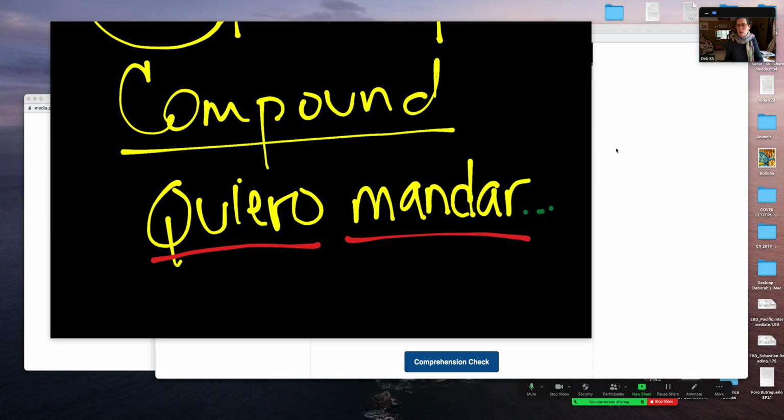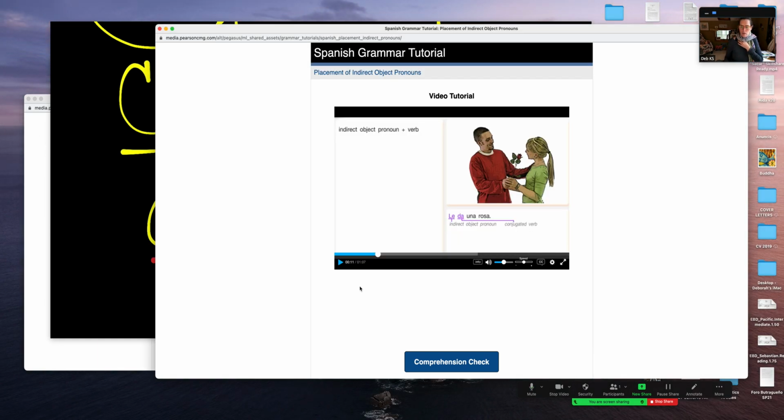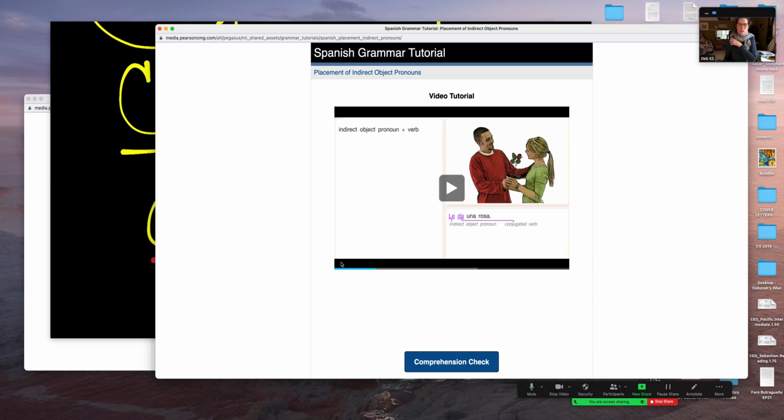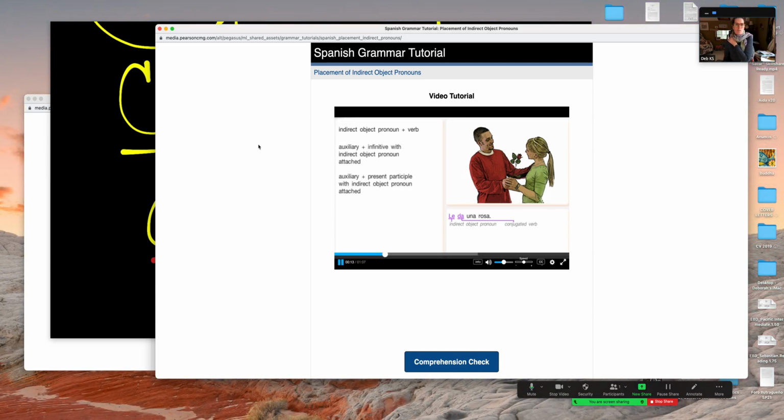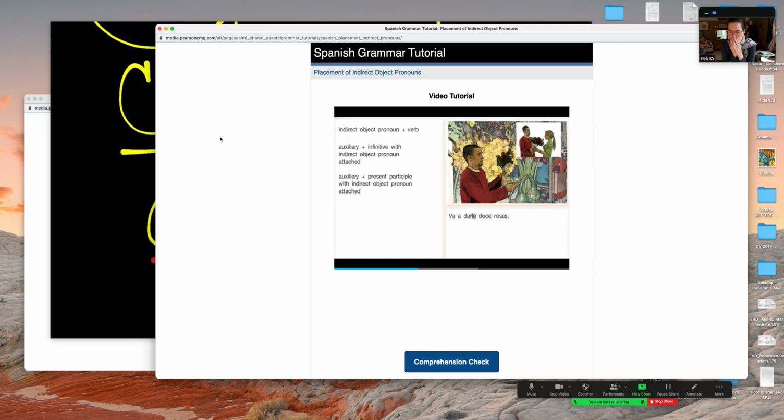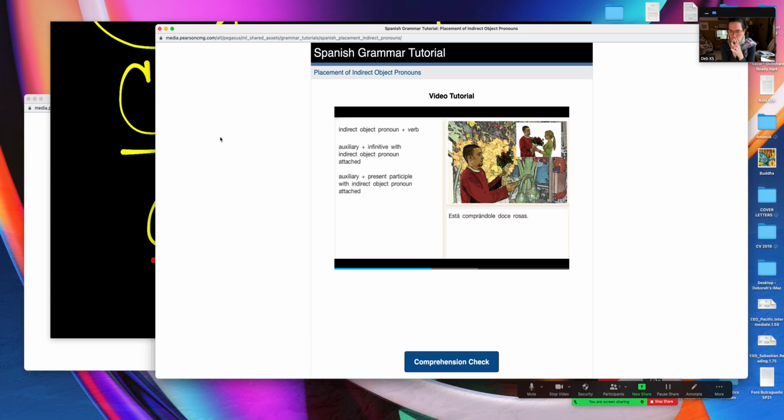Let's see if we can find other things. In the case of compound verbs that are composed of an auxiliary verb and an infinitive or present participle, direct object pronouns can be attached to the end of the main verb. See, that's attached to the end.